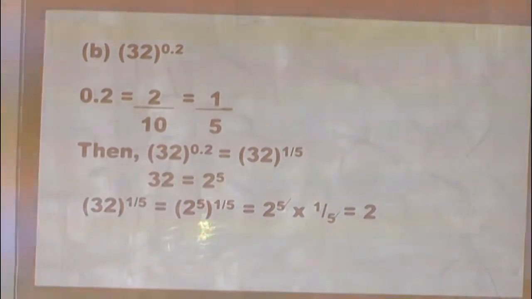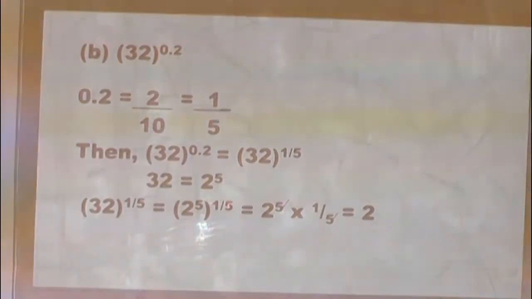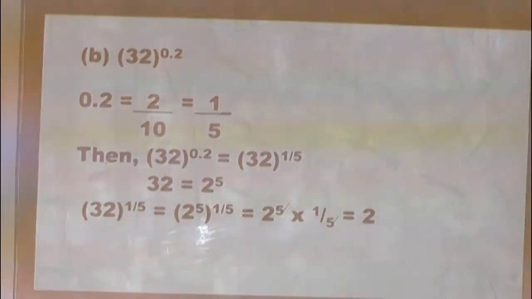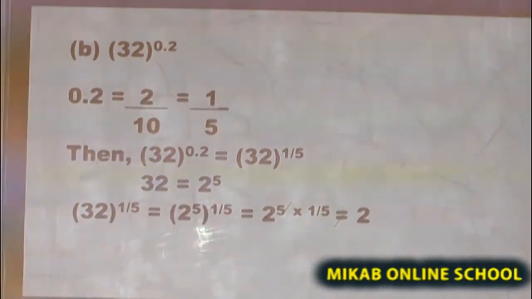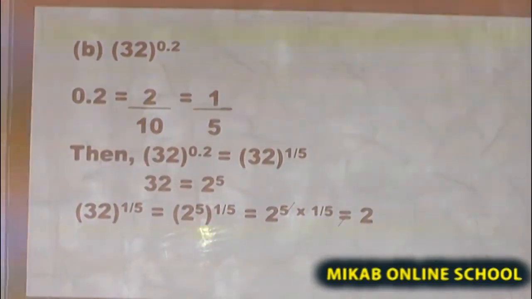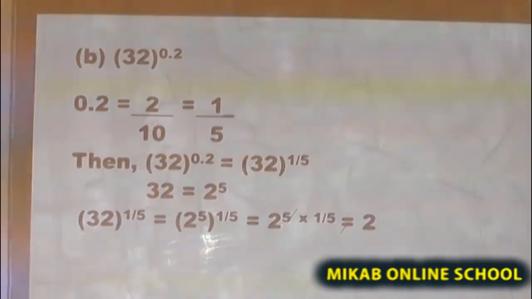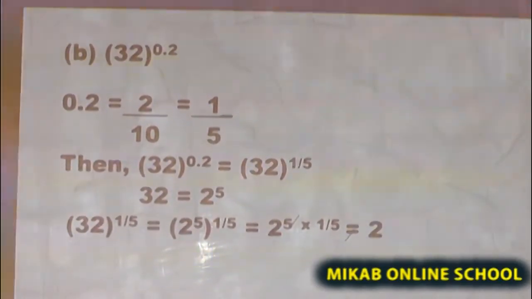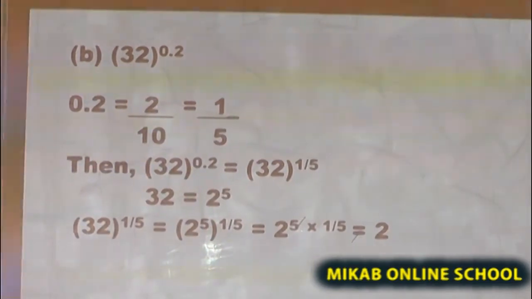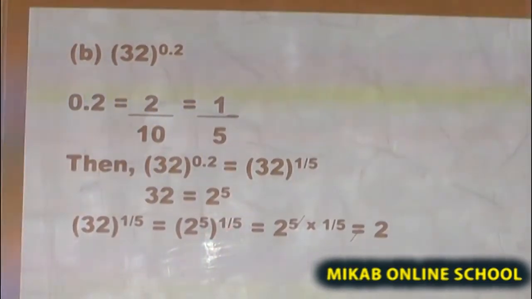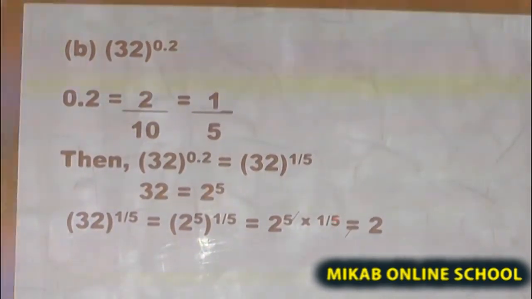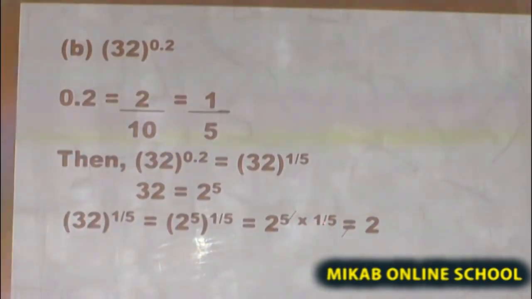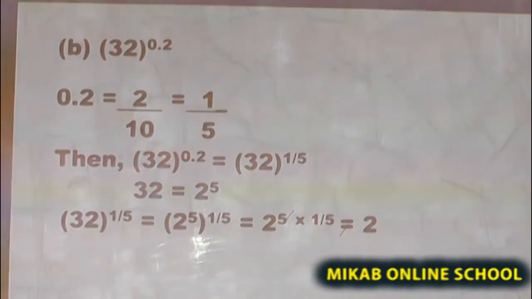So, if you now use this 1 over 5 to open this bracket, we are going to have 2 raised to the power of 5 times 1 all over 5. I told you, this 5 will strike this 5, and the leftover there is this 1.